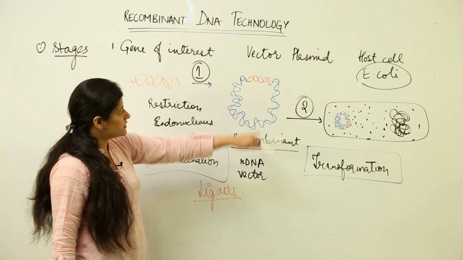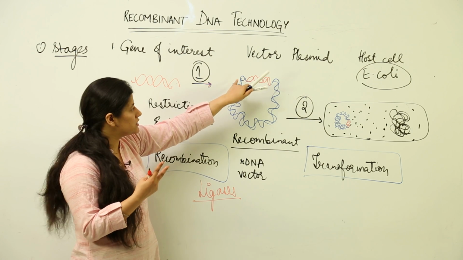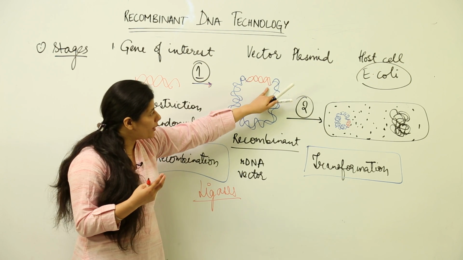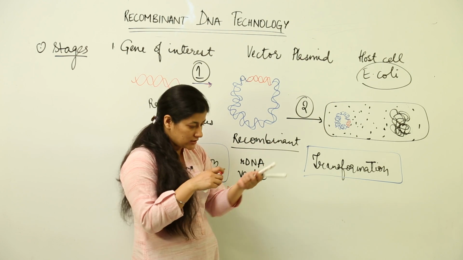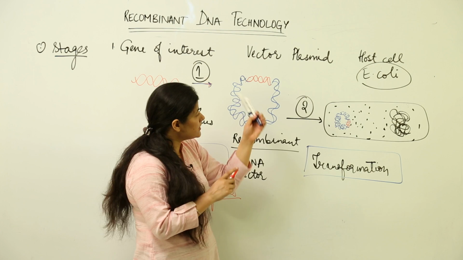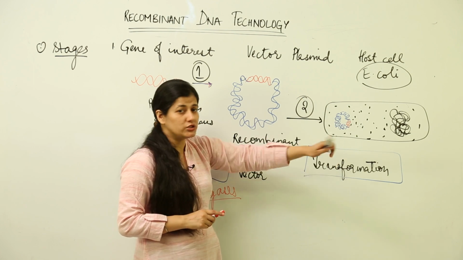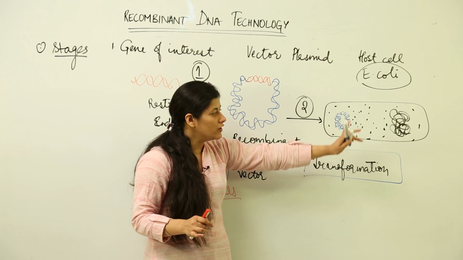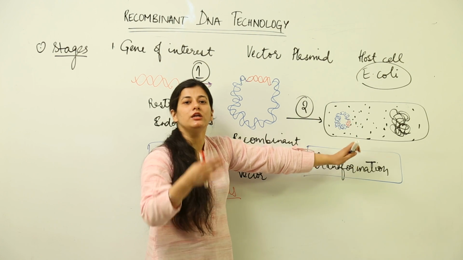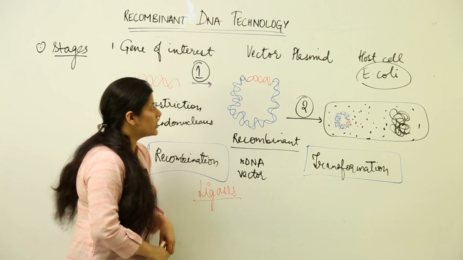These ligases join this alien DNA piece into the vector. Now this vector, using certain enzymes and certain methodologies, is incorporated into the host cell which earlier did not have a plasmid, and that leads to the process of transformation resulting in the formation of a transformant.